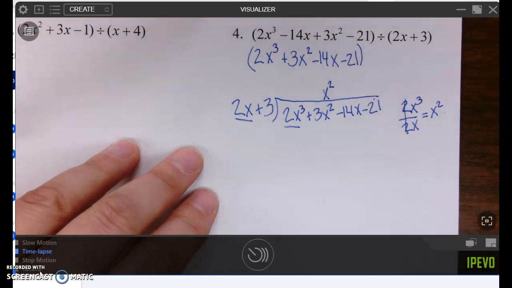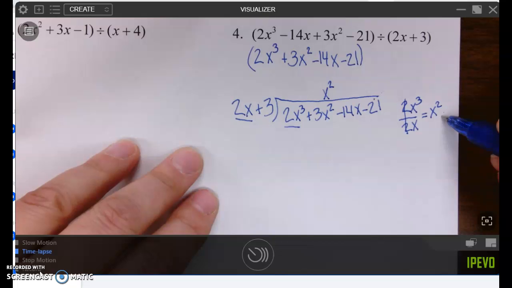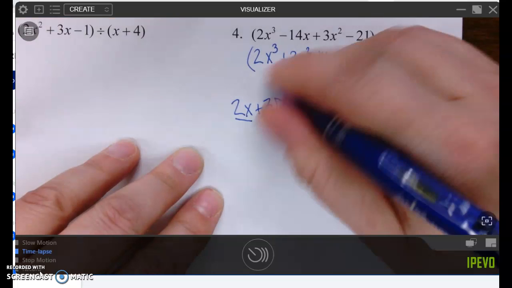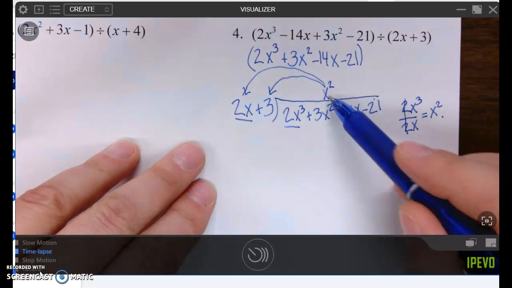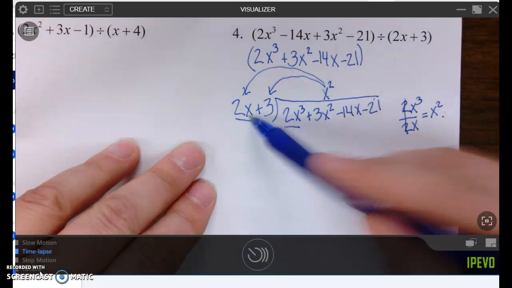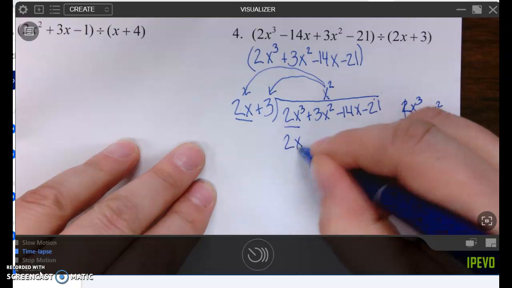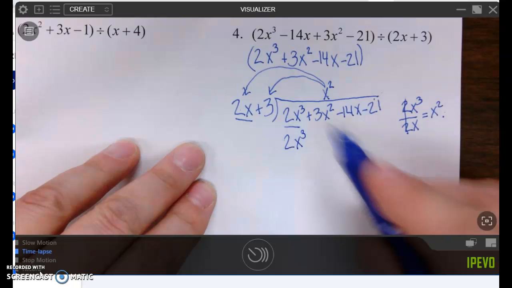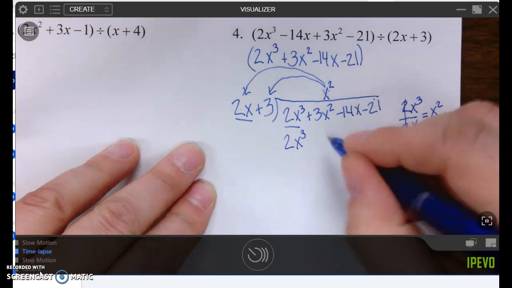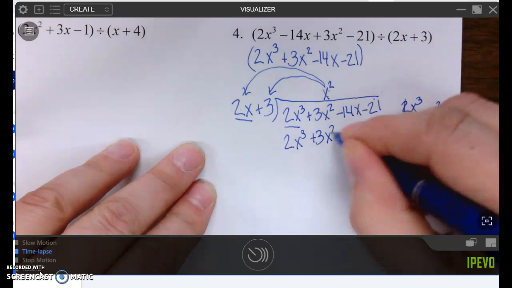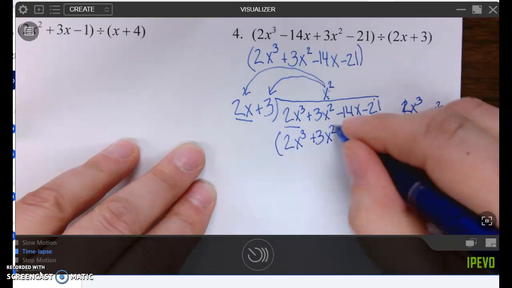So remember, when you do long division, first you divide, which we've done. Step 2 is to multiply. So we multiply the x squared to both terms. X squared times 2x is 2x cubed, and these will always match up, 2x cubed and 2x cubed. And then we take x squared times 3, which gives you 3x squared. Now, these will not always match up, but in this case they do.